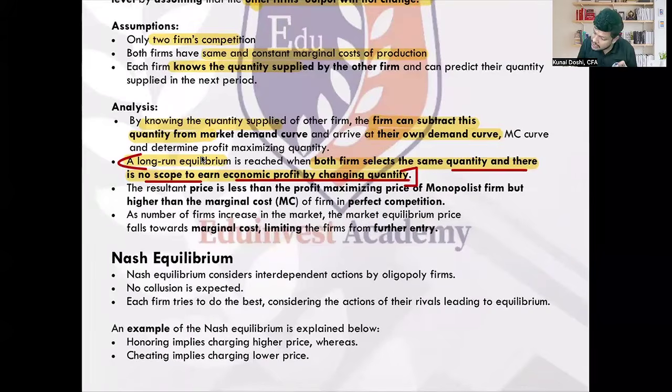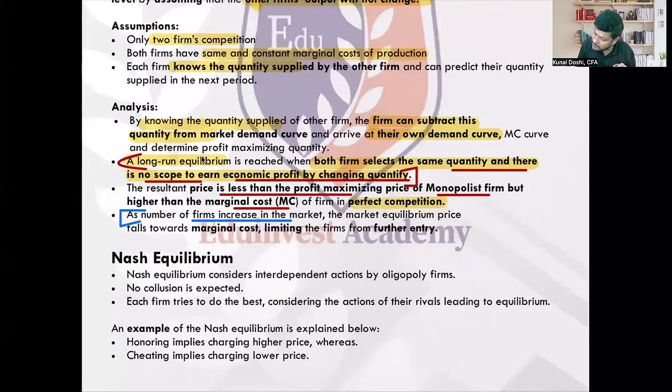So what happens? The resultant price is less than the profit maximizing price of monopolies, but greater than that of perfect competition. Due to this, there is a possibility of economic profit under oligopoly, correct? But remember here, if there is economic profit for a prolonged period, and if others find it easy to enter, and new firms enter into the market, then this profit will disappear.